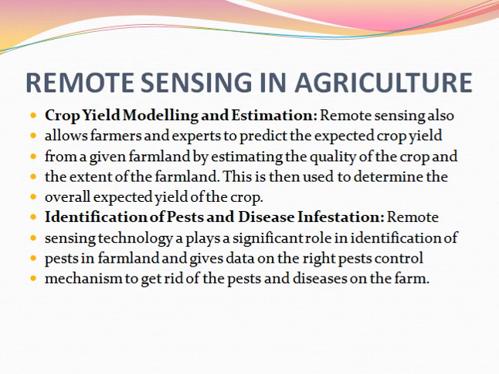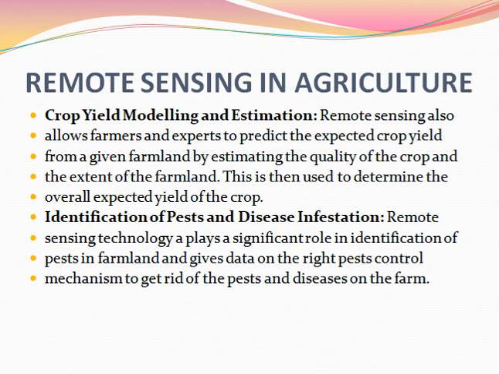The next is identification of pest and disease infestation. Remote sensing technology plays a significant role in identification of pests in farmland and gives data on the right pest control mechanism to get rid of pests and diseases on the farm.